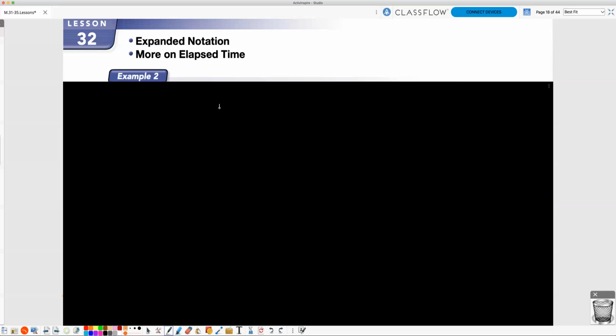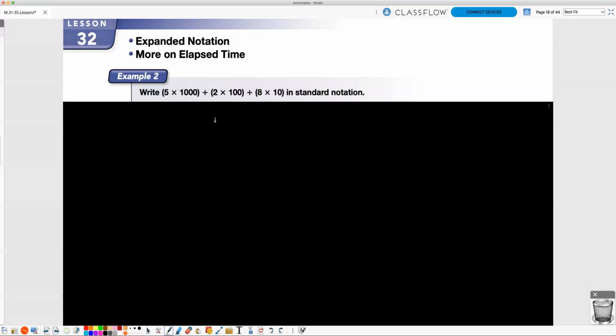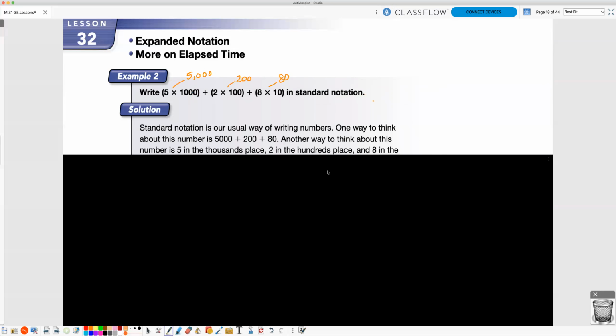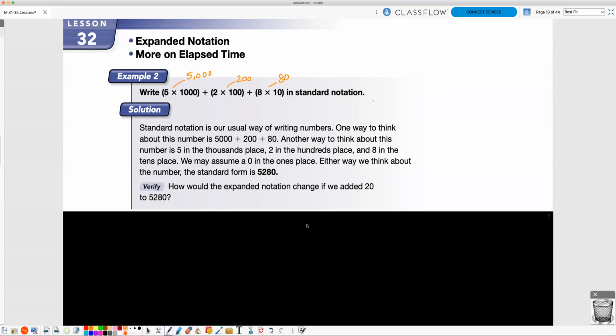Let's look at another example. Write 5 times 1,000 plus 2 times 100 plus 8 times 10 in standard notation. Very simply put, this is 5,000 plus 200 plus 80. You may already know that answer to be 5,280.